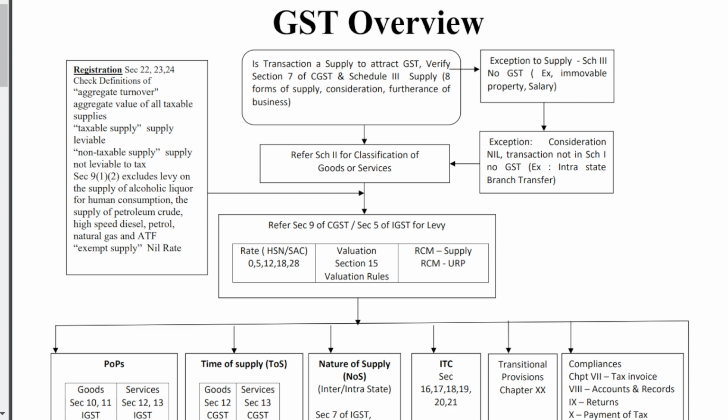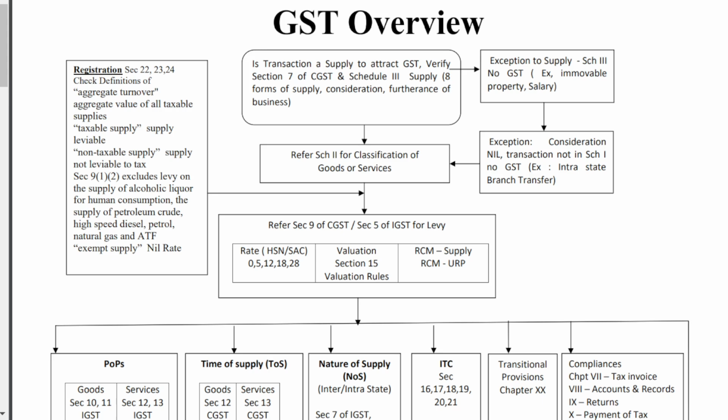If it's not in Schedule 1, for example, intrastate branch transfer: if you are in Andhra Pradesh and the material is getting transferred from one warehouse to another warehouse between the same GSTN, then it is not a sale and no consideration is required. Hence, the GST is nil. This we have to understand in a detailed manner.